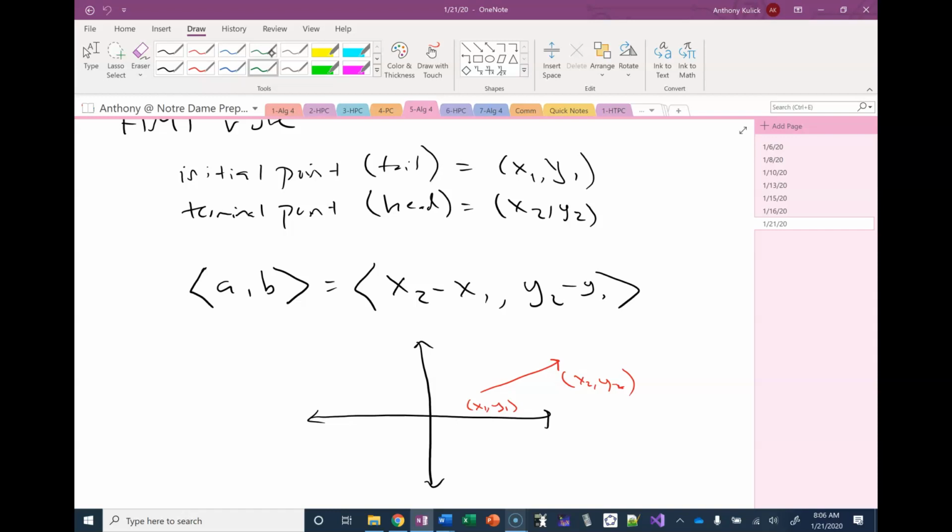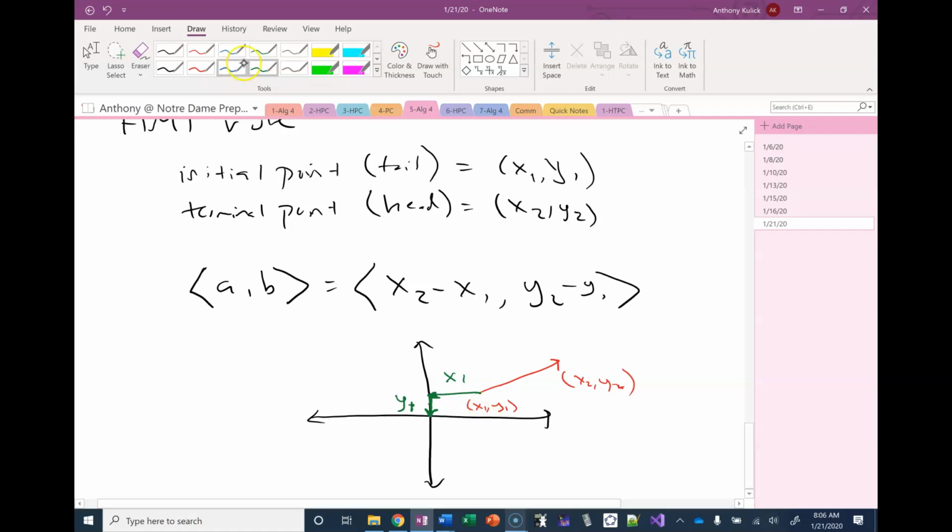That's a translation, right? So how far to the left do we need to move this? We need to move it there and then there, right? Everybody agree with that? Well, that's x1. And that's y1, right, as those quantities. Everybody agree with that?